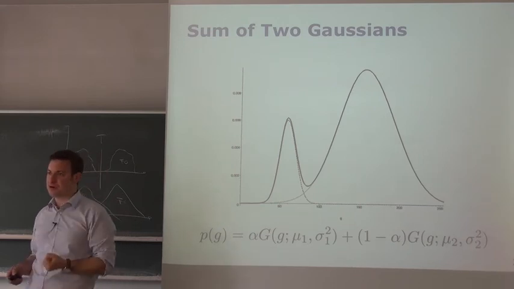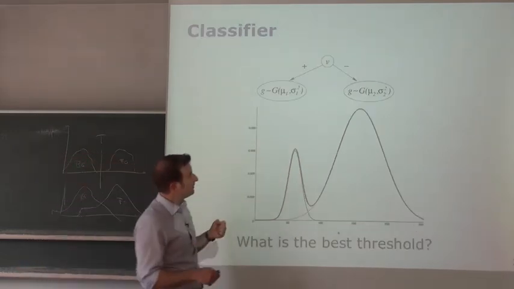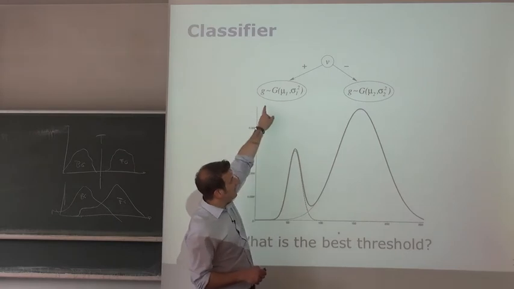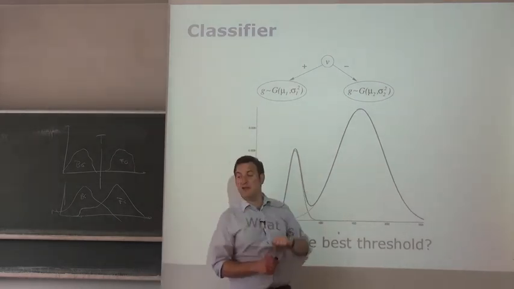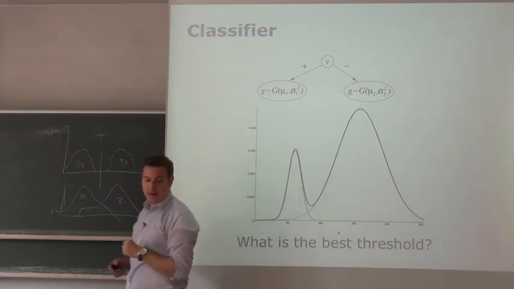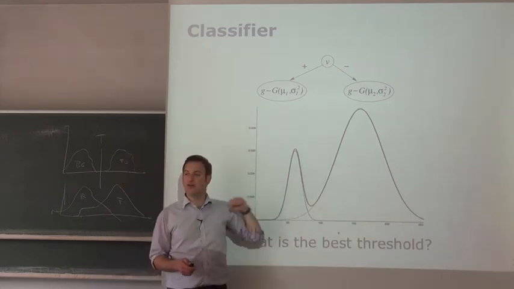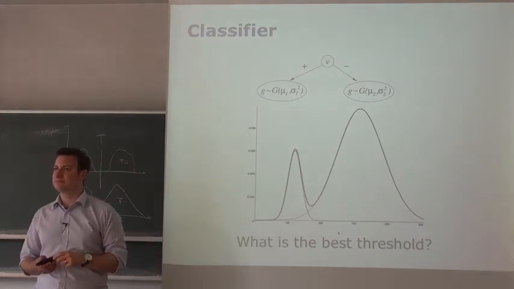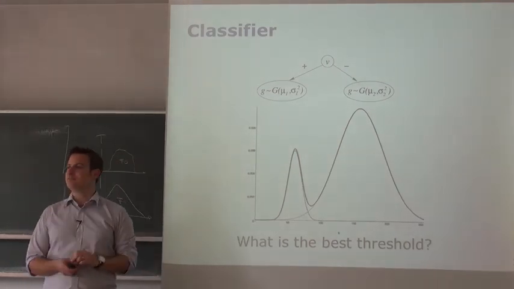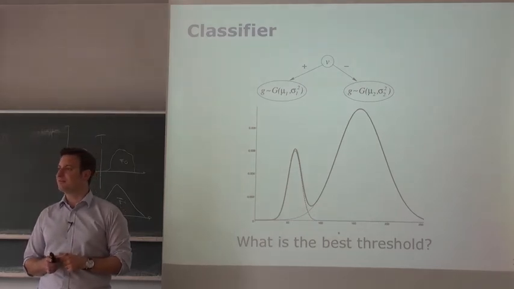And this is my simple thresholding function over here. That would be a simple classifier, which says it either belongs to the Gaussian with mean and variance 1 or with mean and variance 2. And the question is, where should that threshold be to make the smallest possible mistake?